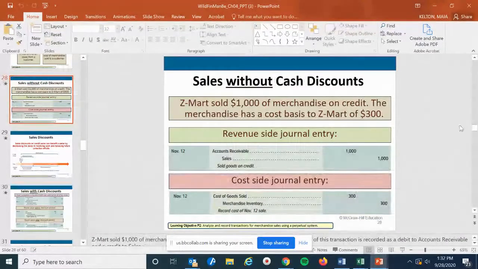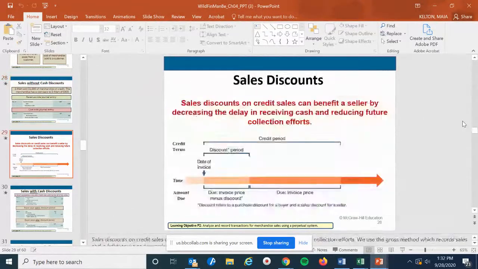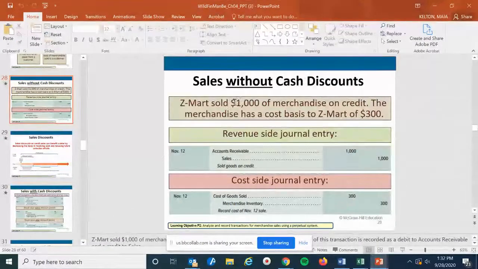So let's look at a sales transaction. Whenever Z-Mart sells merchandise on credit, you can see how there are two sides of the journal entry. The first one is to record the revenue, accounts receivable, and sales. The second one is to show how much it costs Z-Mart to purchase the inventory.